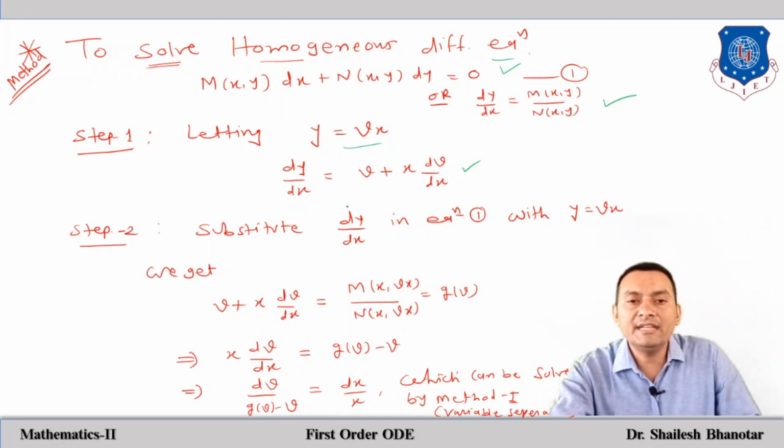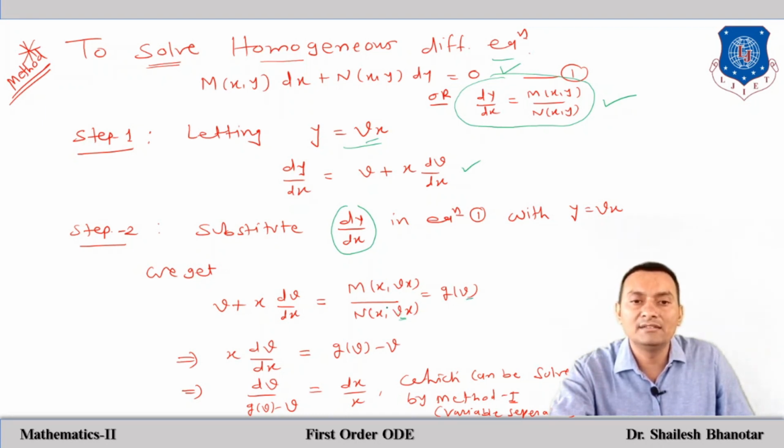Now substituting dy by dx in equation number 1, I am just going to consider equation number 1 as this one. So what I will have, v plus x times dv by dx is equal to this N, but y is replaced by vx, and you can observe that it will be a function of v only, because x will be eliminated.